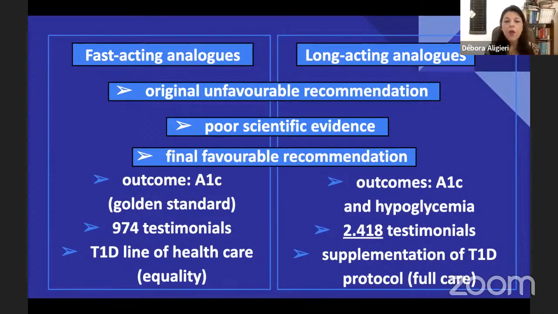But when they read our testimonials, we only talked about hypoglycemia, because it's hypoglycemia that is our daily problem, not exactly the glycated hemoglobin. So on that occasion, we had 974 testimonials.